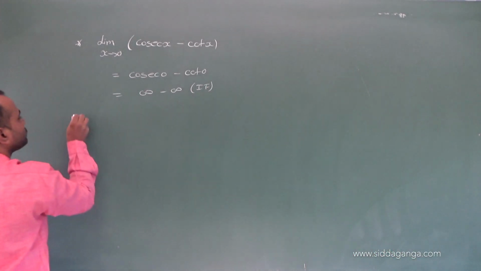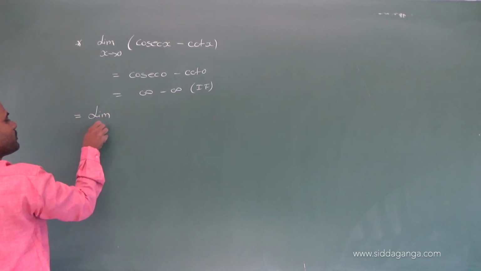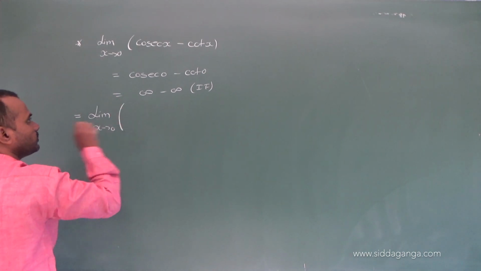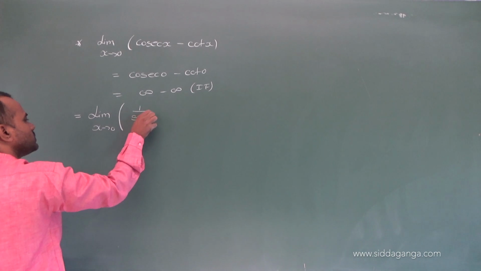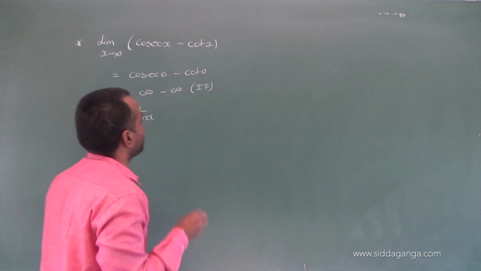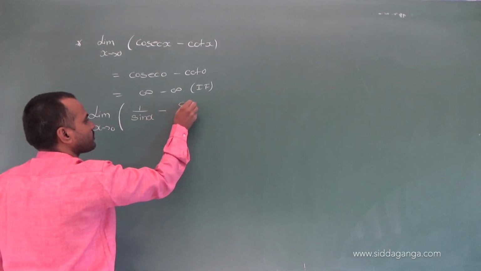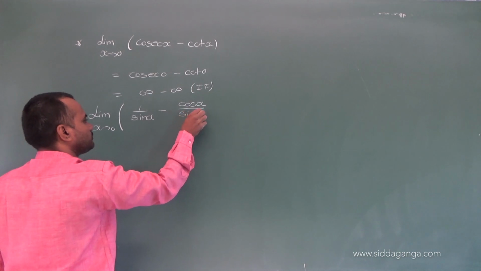Then that is equal to limit x tends to 0. Cosecant x we write as 1 by sin x. Cot x, cos x divided by sin x.